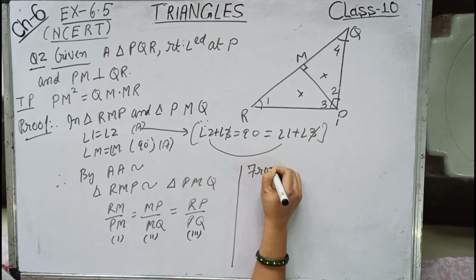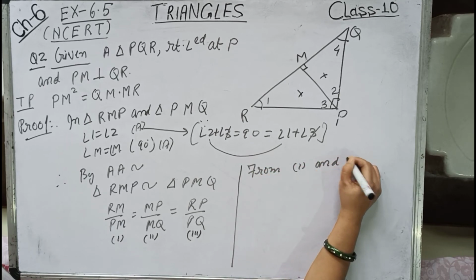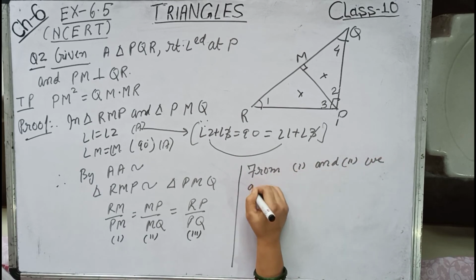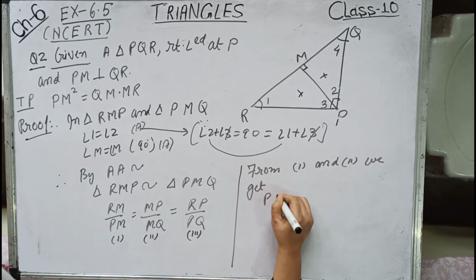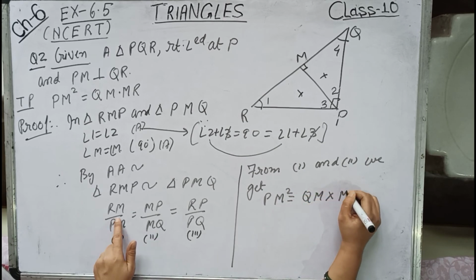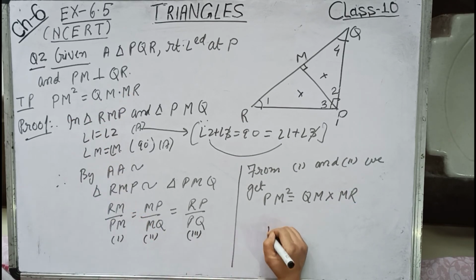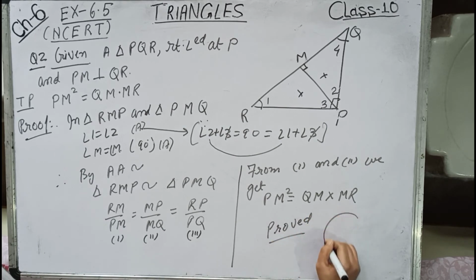So from 1 and 2 we get PM square equals QM into MR. I have written the proper naming according to the required to prove part, and hence proved, and your happy face starts.